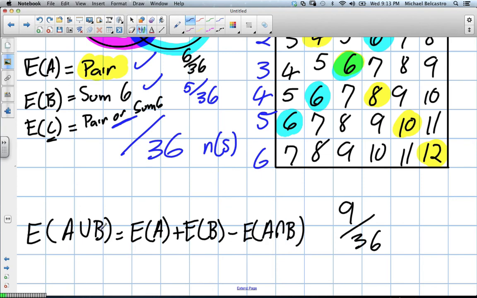That's going to be our event C. Well, the probability of A we found to be 6 out of 36.